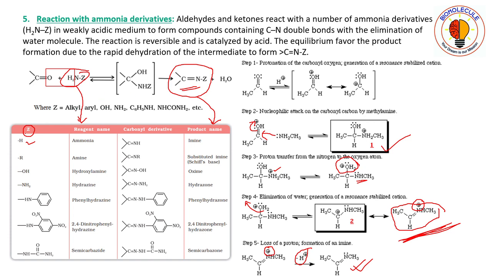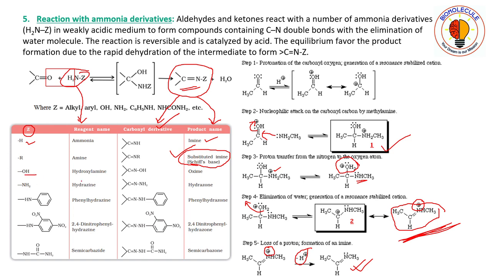So if Z is hydrogen, it is ammonia, and the carbonyl compound derivative you will get is known as imine. If it is R, then the reagent is amine and this is substituted imine, that is a Schiff base. Schiff base, you remember this one name, it comes in entrance exams.